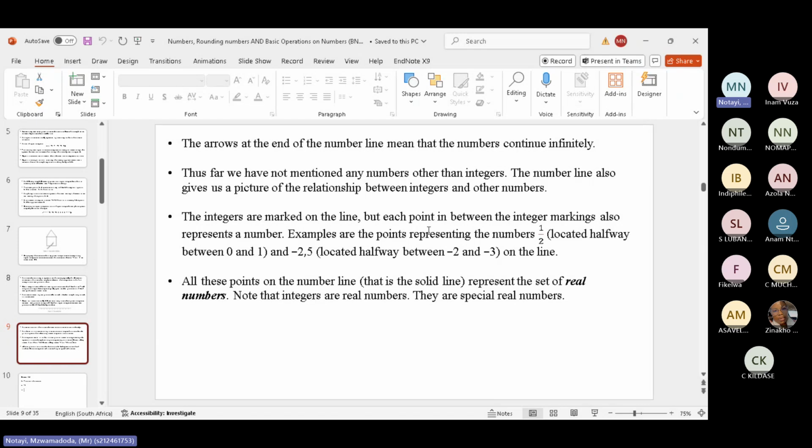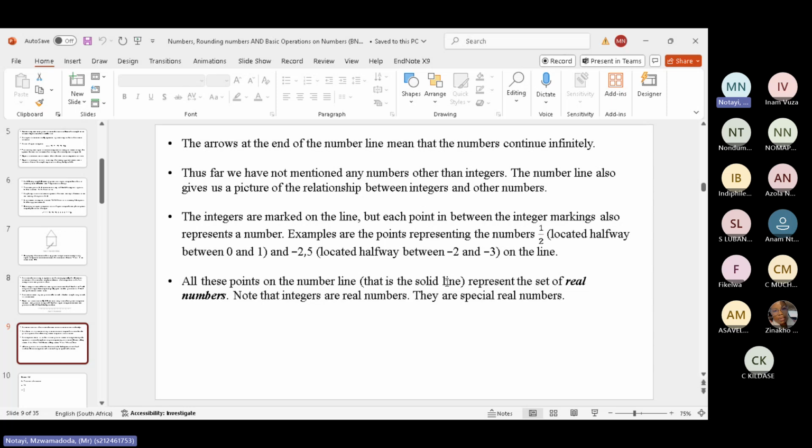Examples are the points representing the numbers half or 1/2, which is located between 0 and 1. So at the center of 0 and 1, you get the number 0.5 or 1 over 2. And you also have negative 2.5, which is located halfway between negative 2 and negative 3 on the line.